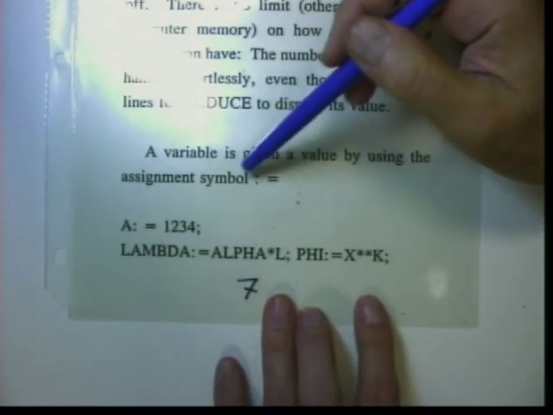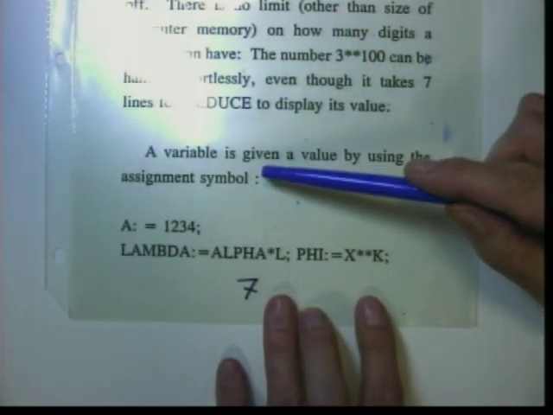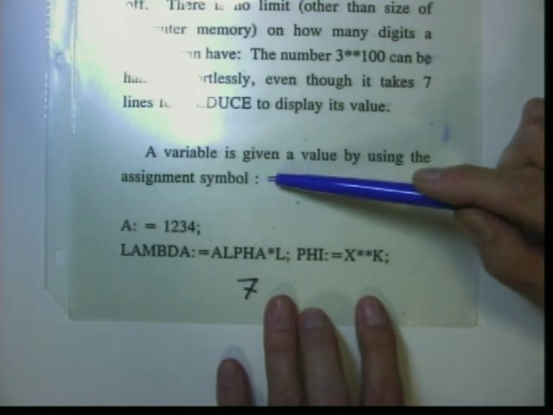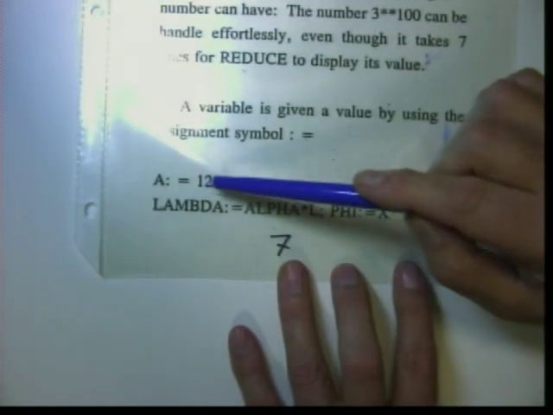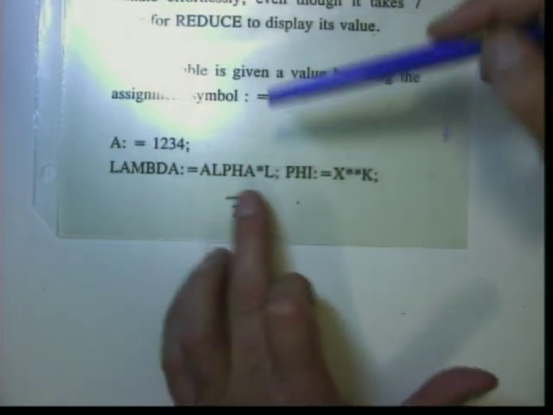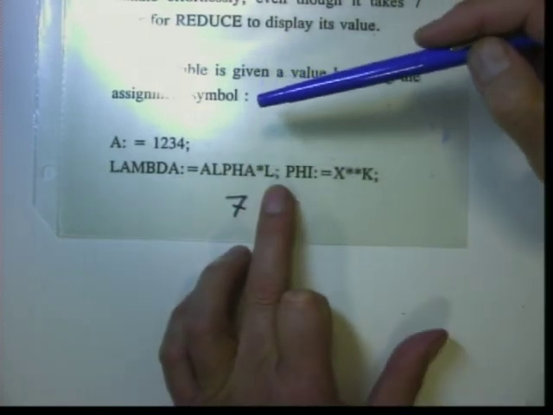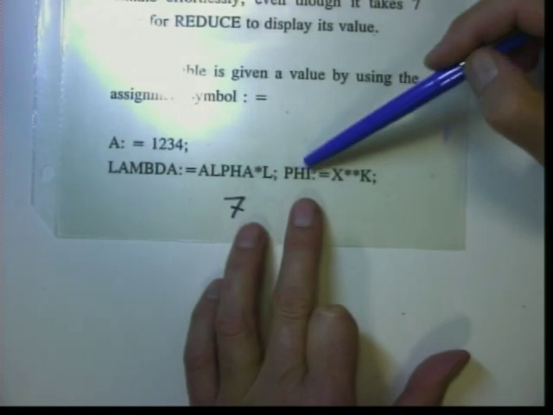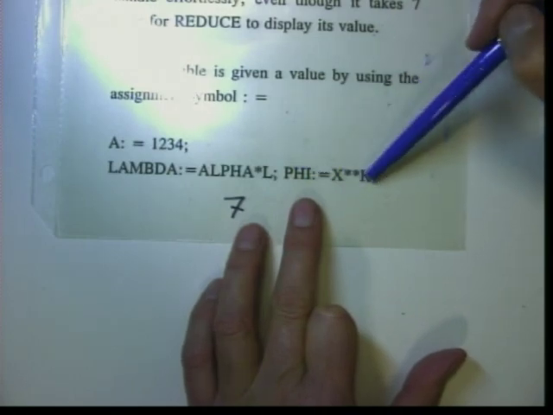A variable is given a value by using this assignment symbol, colon and equal. A equals 1234. Lambda equals alpha times L. Do you remember alpha times L? Vibration. Or phi equals x to the power k.